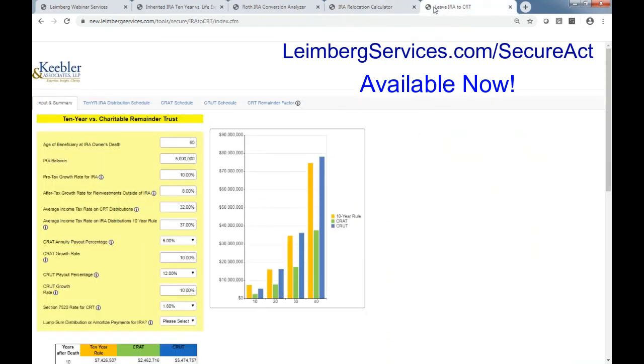Now, one of the most interesting techniques coming up will be leaving IRAs to a charitable remainder trust. Does that make sense? So we're going to do a little adjustment. We're going to come back into reality here. We're going to use a $1 million IRA, and we'll adjust these growth rates to 7% and 5%.